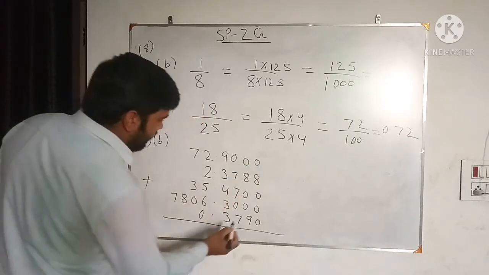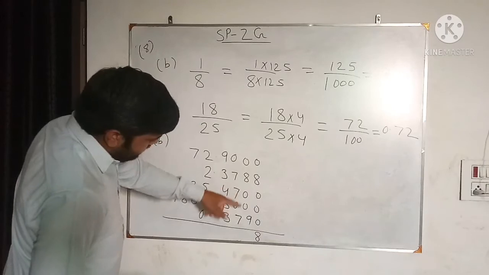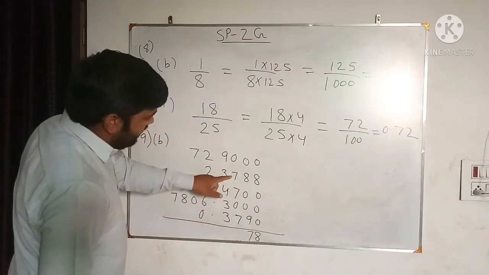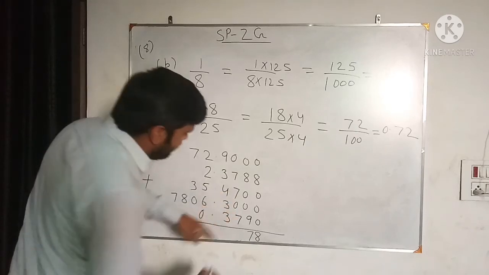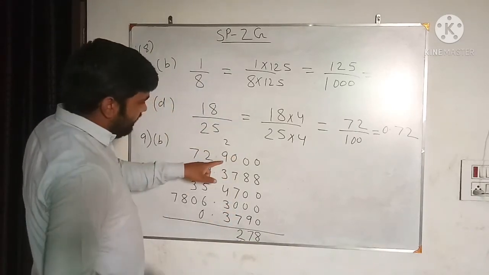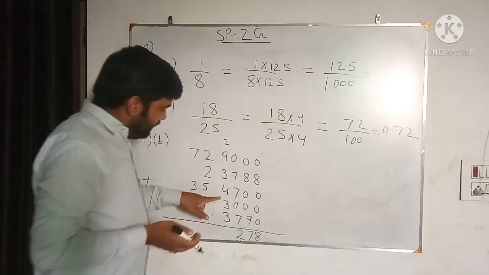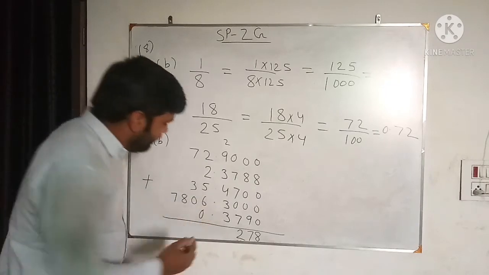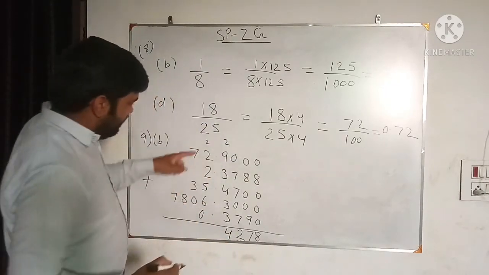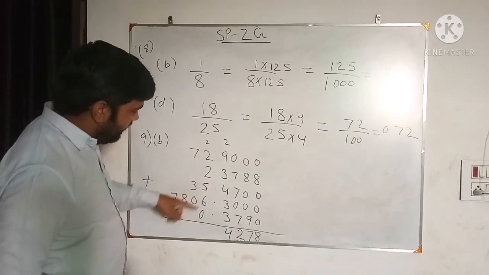Okay. Now see, 8, 8, 9, 8, 17, 7. Carry 1. 8, 7, 15, 15, 7, 22, 2. Carry 2. 9 to 11, 11, 3, 14. 14, 4, 18. 18, 6, 24. 24, 4, carry 2. 2 to 4, 6, 5, 11, 11, 6, 17, 7.